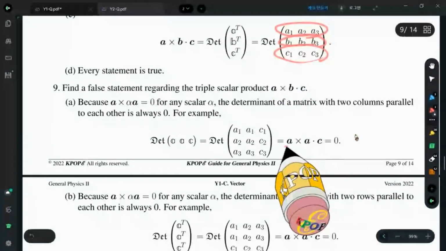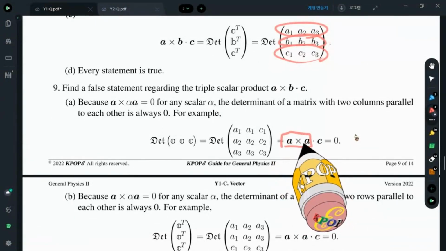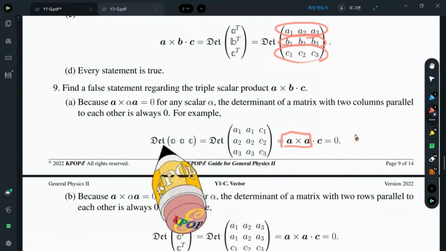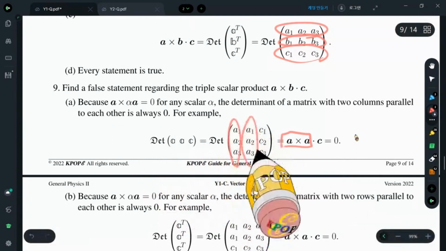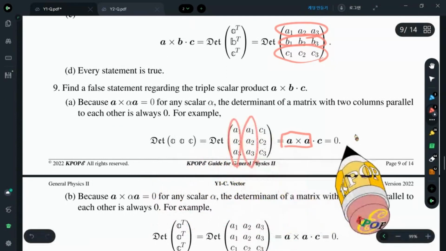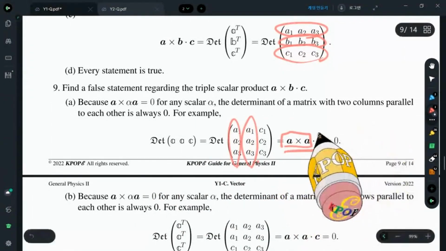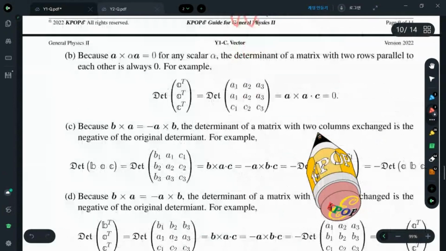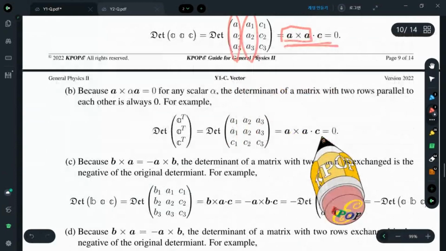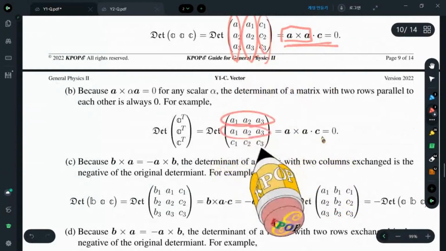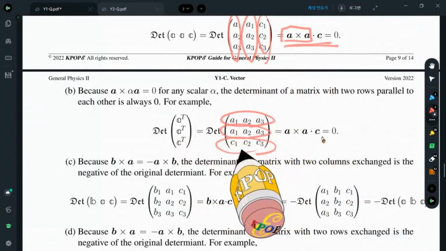And we know the cross product of a vector with itself is always vanishing. It is very trivial to find that for the determinant of a matrix that has two columns parallel, the final result is 0, directly from the definition of the determinant. Just like the previous case, we can consider the representation that has identical rows.